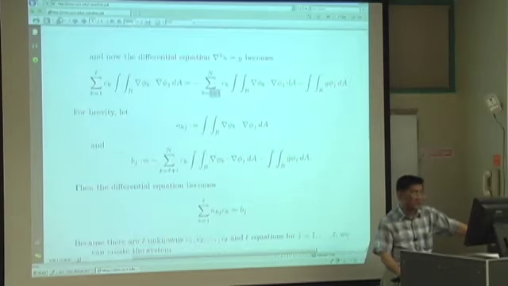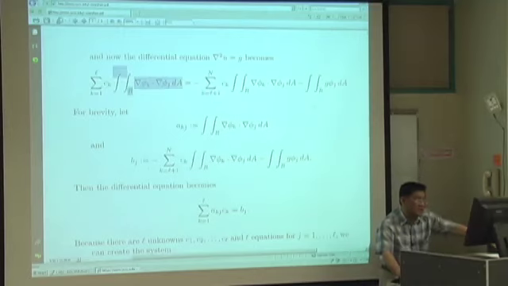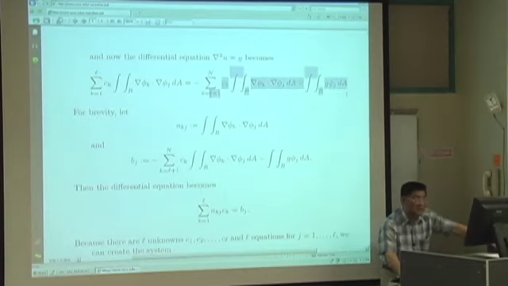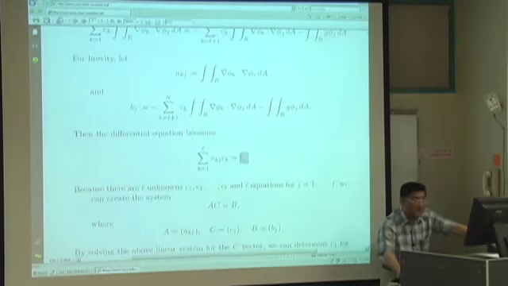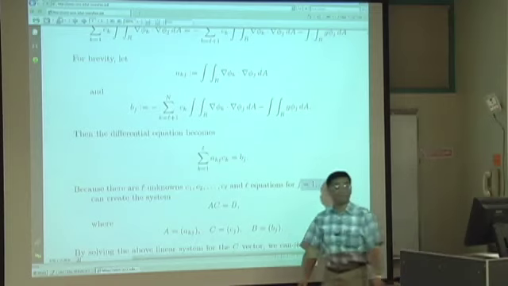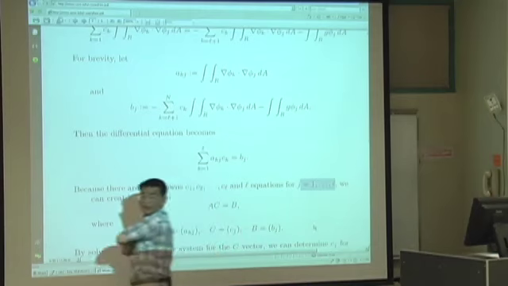In any case, we can abbreviate these things. Then essentially what happens is this one. AKJ multiplied by CK with this sum is the left-hand side. And then the right-hand side is BJ. And then this kind of equality holds for J running from 1 to L. Do you follow me?